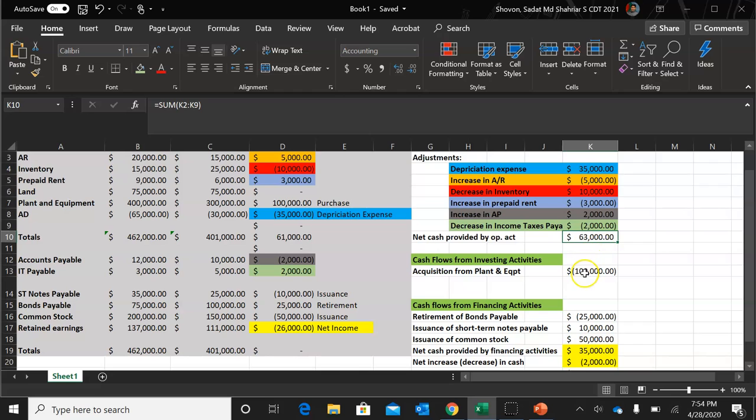However, the cash spent from our investing activities was $100,000. That means we are spending more than we are earning. So that means we did not generate enough cash from our operations.